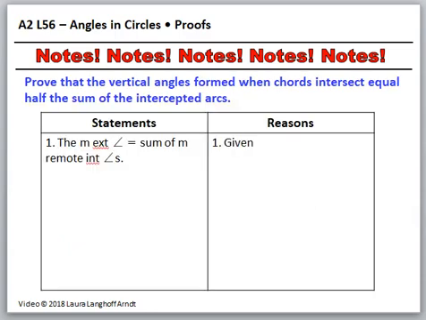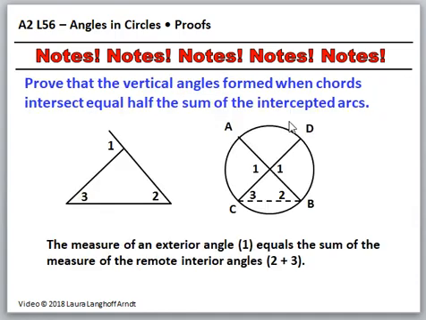So I want you to go ahead and write down on one side when we do proofs. I don't know if you've done them before like this, but I want you to write the statements and the reasons. And the statements are, this is one step, and the reasons go on the other side. This is why I'm saying this. So we're going to step through this and just see how it goes.